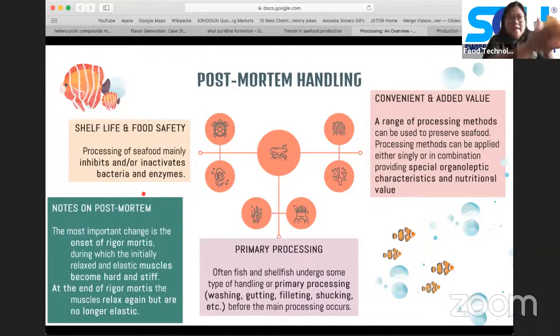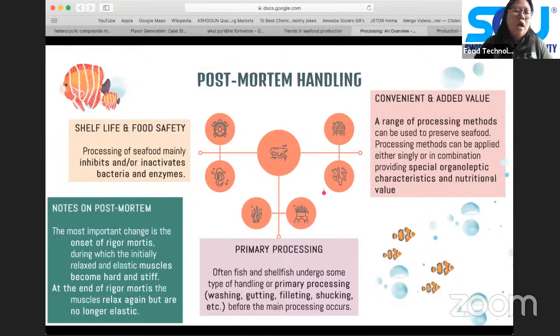So you see the same fish, if you smoke them or you fry them or you ferment them, it will result in a different type of food, different organoleptic character, and different nutritional value.